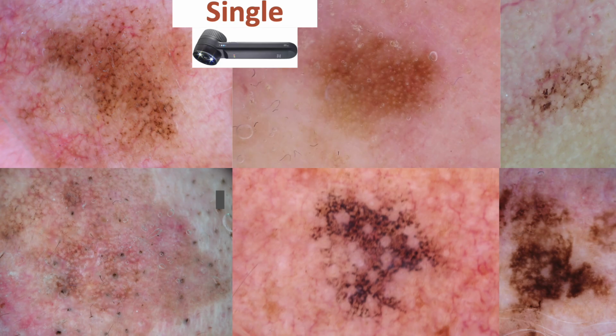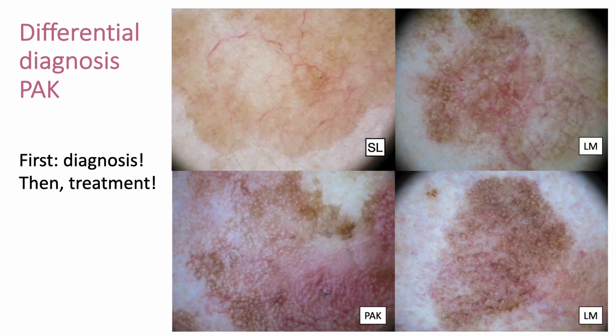We're going to talk about the approach that is now considered the gold standard, which is the inverse dermoscopic approach. But for sure, we know that we should be able to perform a diagnosis first, and then we should choose the most appropriate treatment according to the diagnosis.